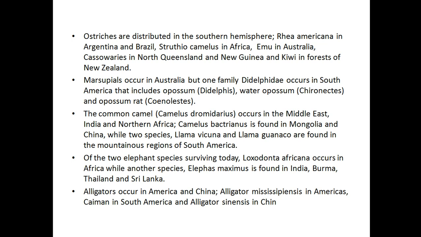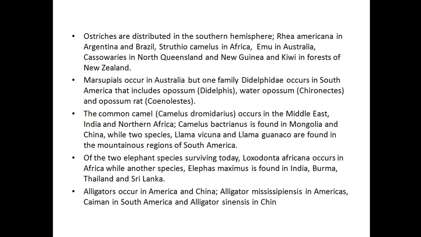There is Camelus bactrianus, found in Mongolia and China. And two more hill species like Lama, there is the Vicuna and Lama guanaco. They are found in the mountainous region of South America.